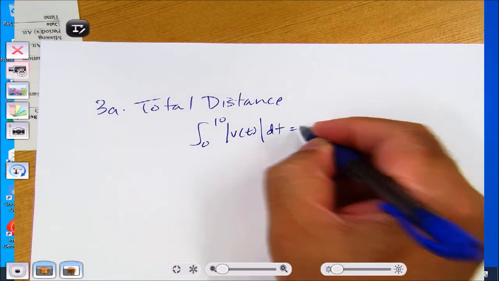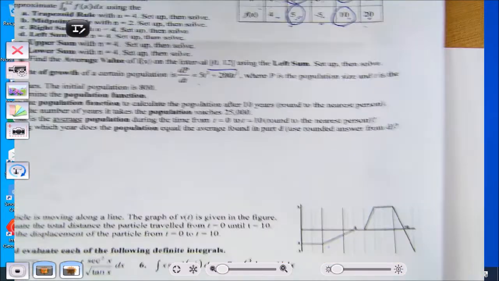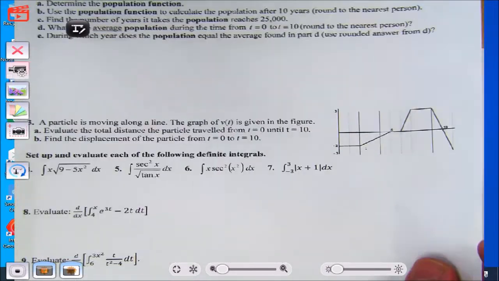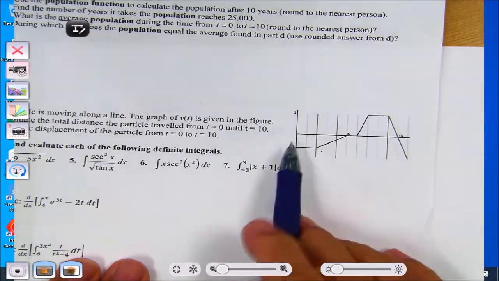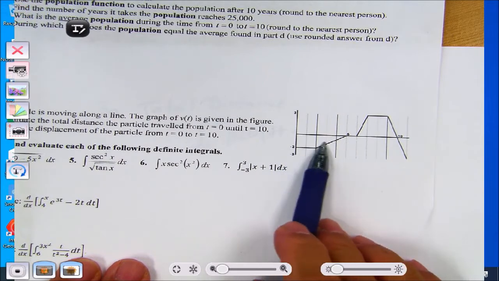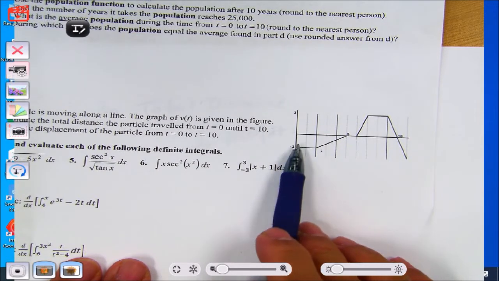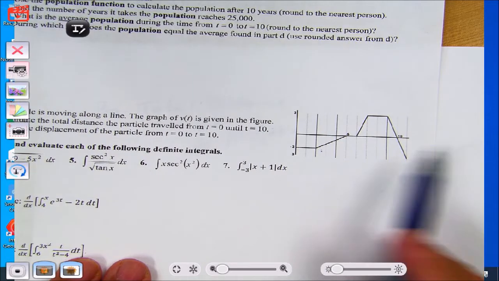If you do absolute value of the velocity, but you're not given an actual function, just the graph, you're not going to take the negative area, you're going to take that as positive area. So now just find the area, but you want positive versions of it.